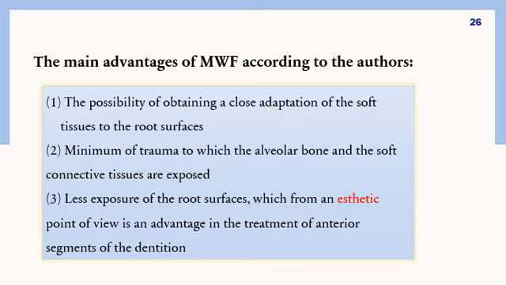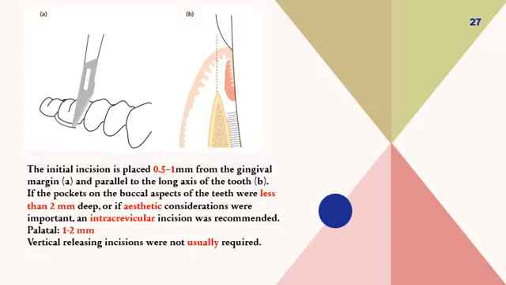The third one is that less exposure of the root surfaces occurs, which can be advantageous from an aesthetic point of view for the patient relative to the previous flaps that I've described. But nowadays we have much better flaps to use in the aesthetic zone, such as the Papilla preservation flap. But at that time, the Modified Widman Flap was the most aesthetic kind of flap that you could use for periodontal flap surgery.